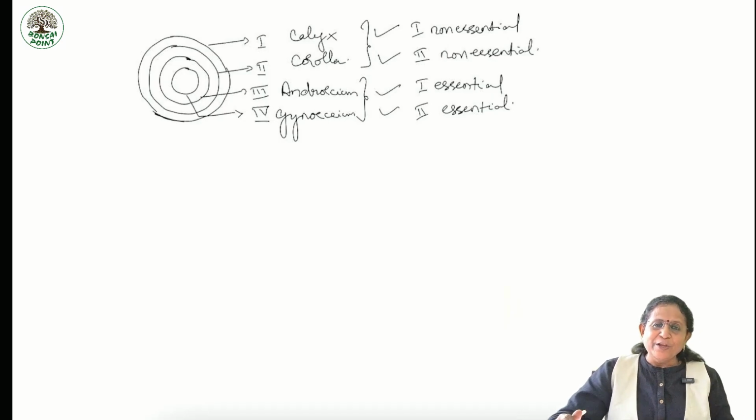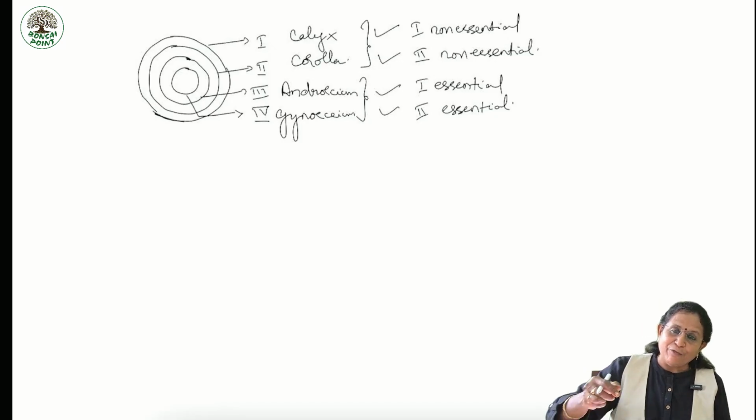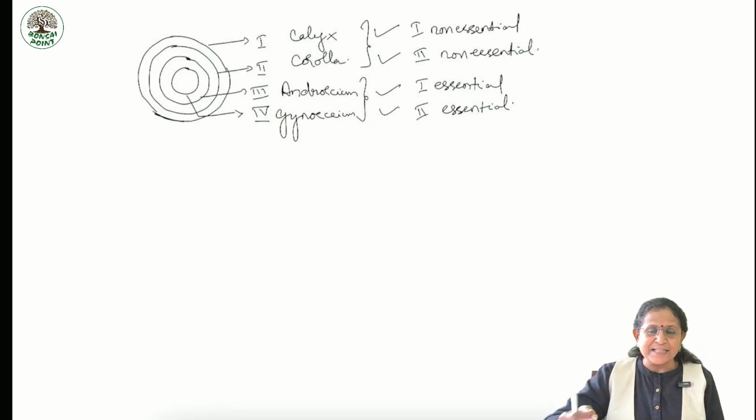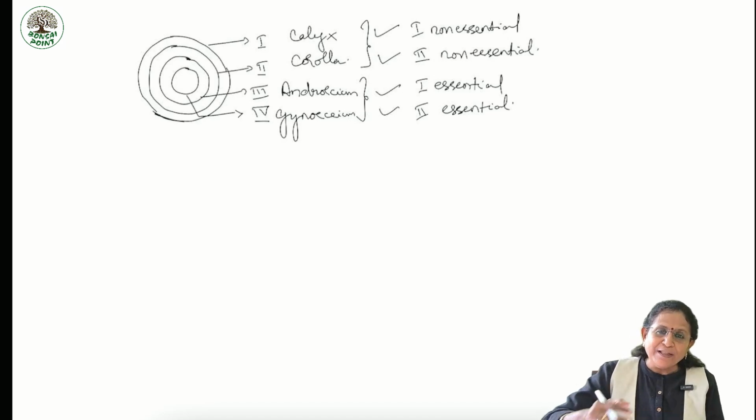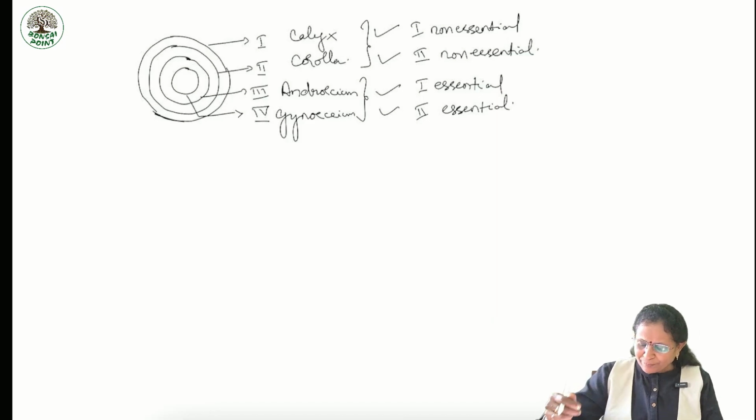That means what? You should read the question properly, whether it is essential or non-essential, just whorl, okay? Or is it the first non-essential, second essential, only the whorls, etc. Okay, read the question twice. Then you need not repent later for knowing the answer and not representing. Is it clear? So, this is about the whorls of a flower.